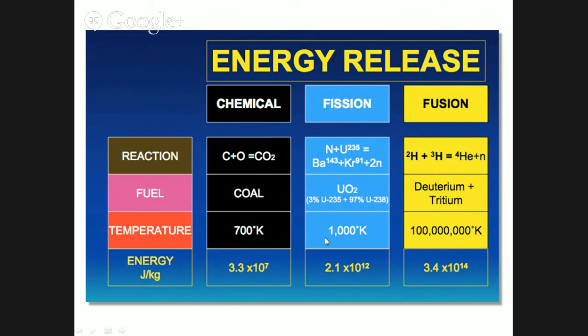Not to mention, look how much higher the temperatures are when you're talking about nuclear fusion. This is, of course, what goes on in the middle of stars. Literally, when a star burns up its hydrogen, it's converting it into helium and the heavier elements.